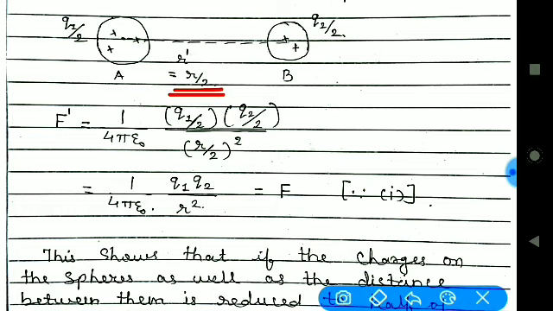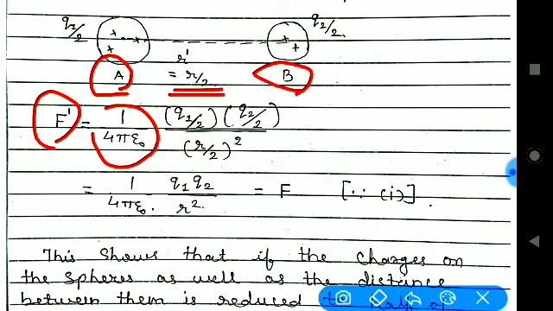Hence, the new force acting between these two spheres A and B is given by F dash is equal to the value of K, that is 1 upon 4 pi epsilon naught, into the new charge on sphere A, which is Q1 by 2, into the new charge on sphere B, which is Q2 by 2, upon the distance between these two spheres, which is now R by 2 whole square.